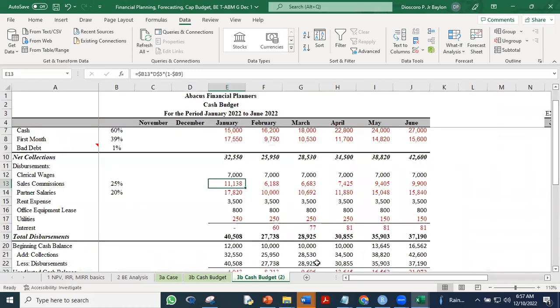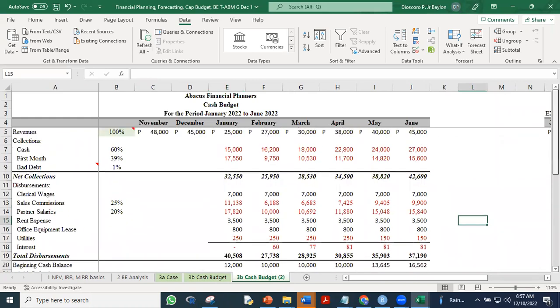So let's take a look at what we did here. There were sales in December of 45,000. How much will be the commission, which will be paid in January?